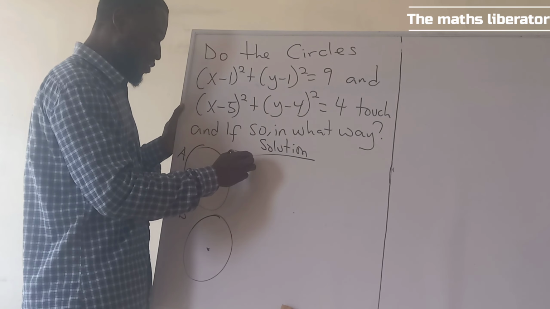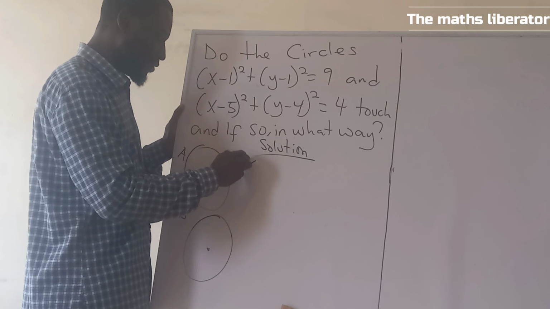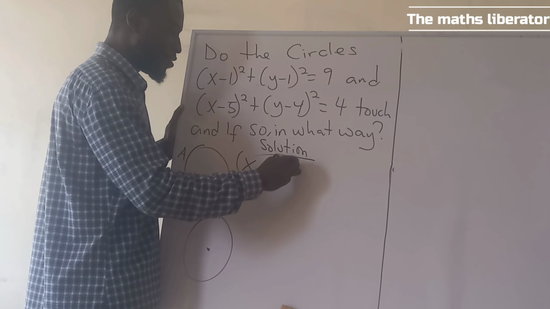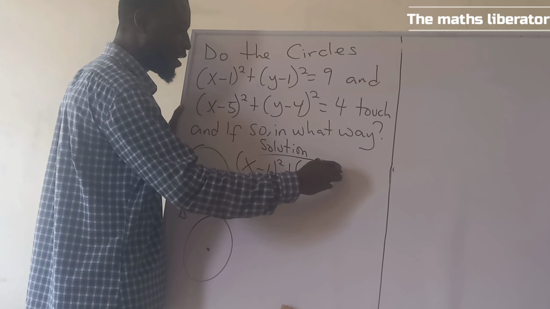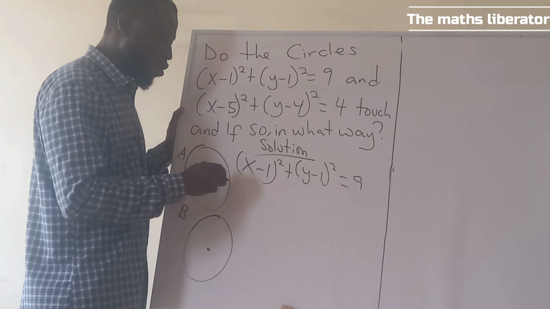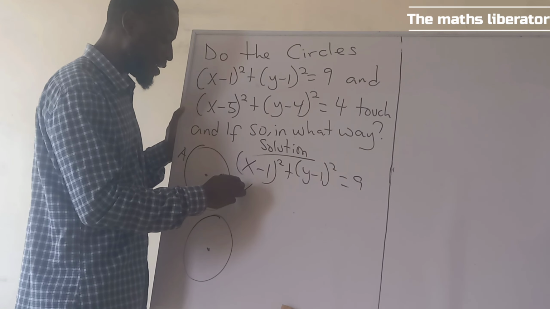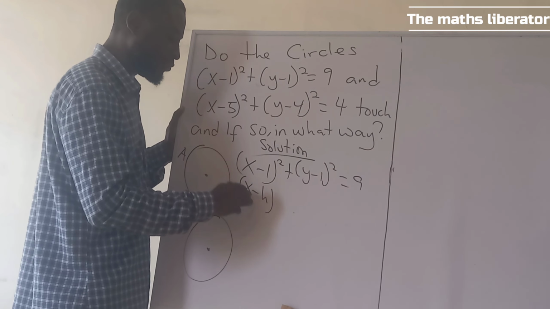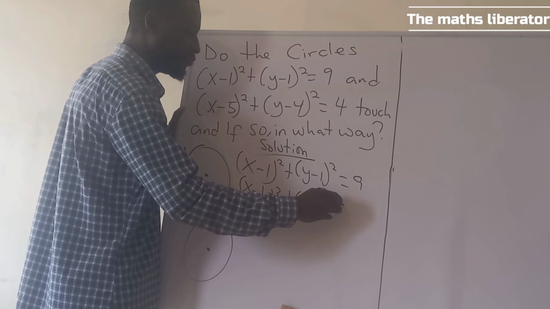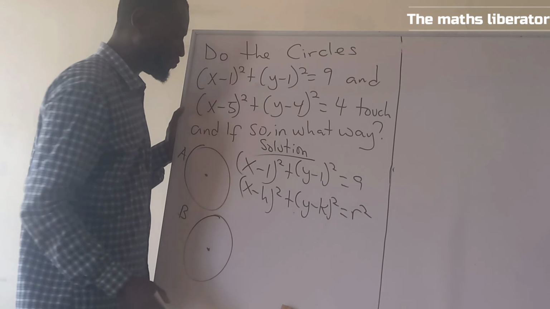So let's do that for the first circle, circle A: x minus 1 squared plus y minus 1 squared equals 9. Then you write the standard form of the equation of a circle, which is x minus h squared plus y minus k squared all equals r squared.